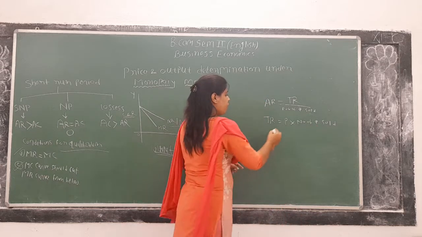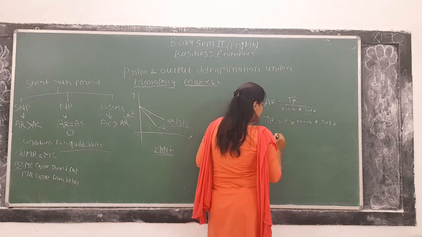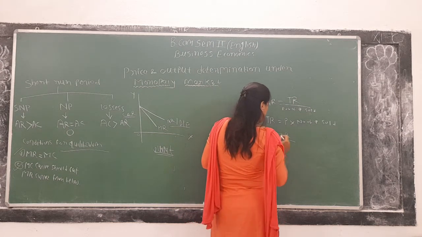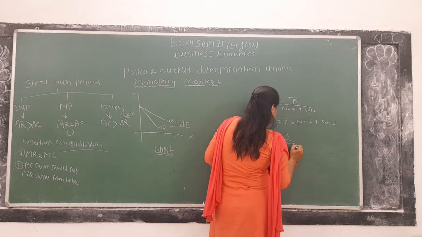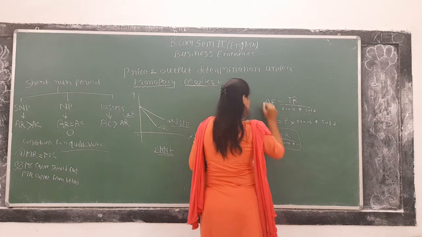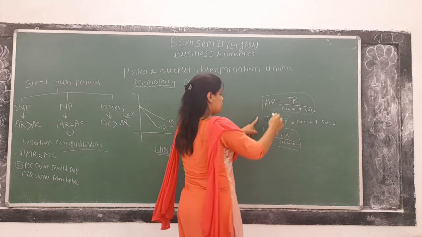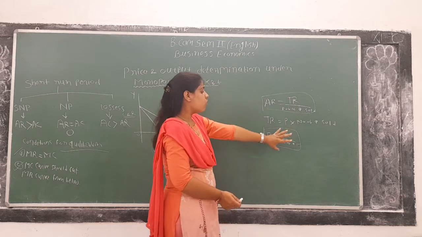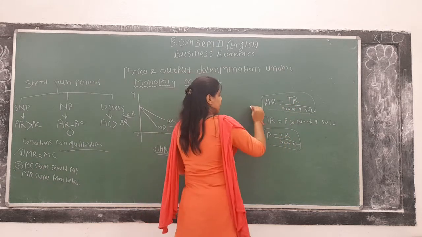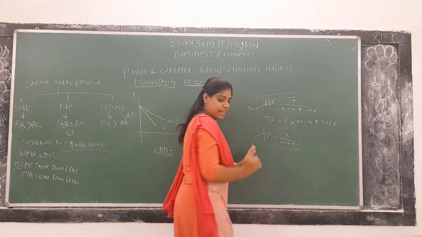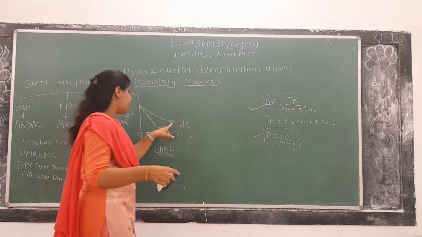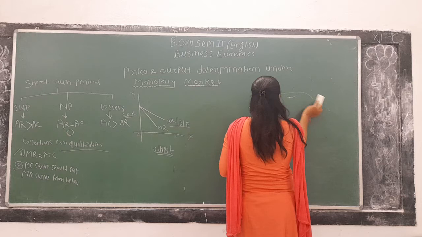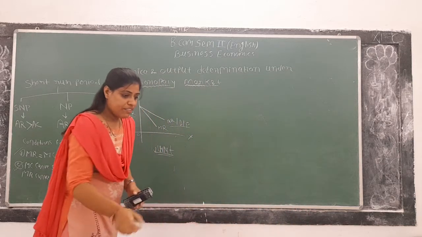So the formula for price will be price is equal to total revenue divided by number of quantity sold. That is why the average revenue curve is also considered the price line. I hope you are clear with this concept of the price line, the average revenue curve.